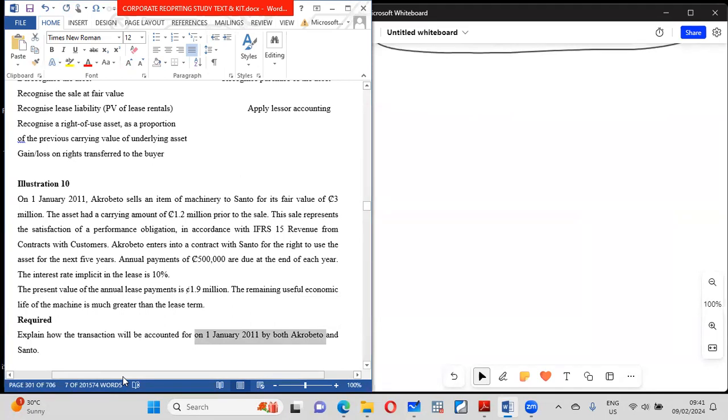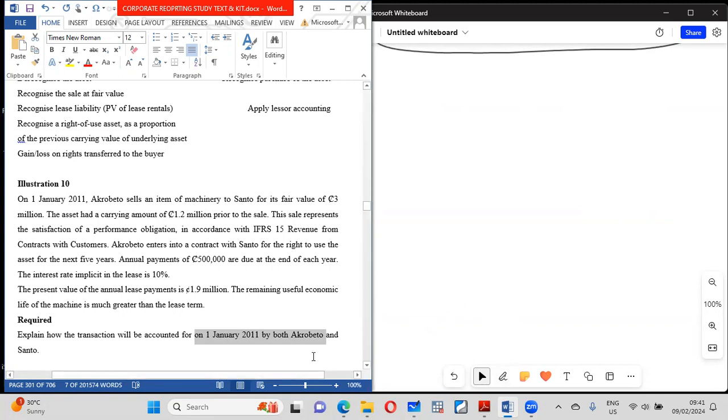All right, so what are we going to do? Obviously, we are talking about whether the transfer is a sale or the transfer is not a sale. So what we're going to look at over here is to first do the selling part.